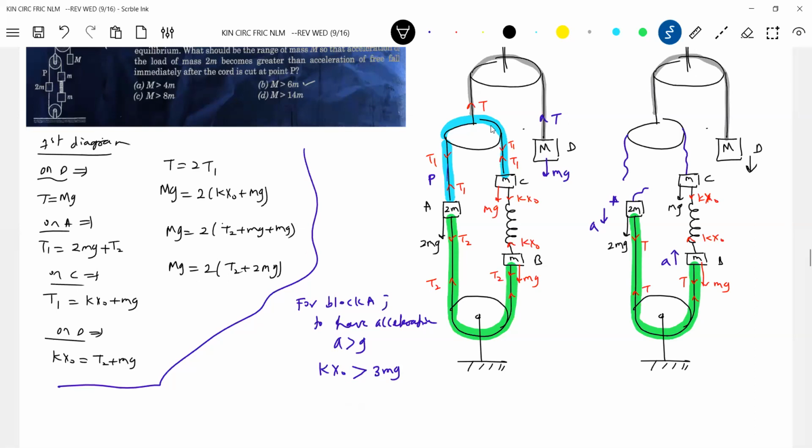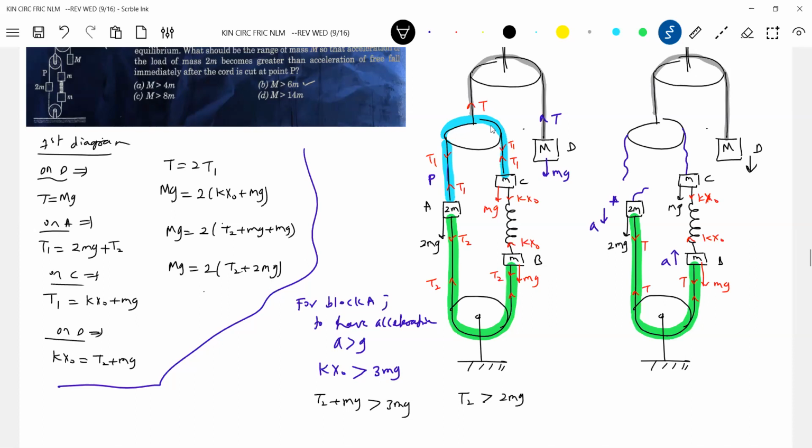So I'll write T2 plus mg should be greater than this one, so T2 should be greater than 2mg.